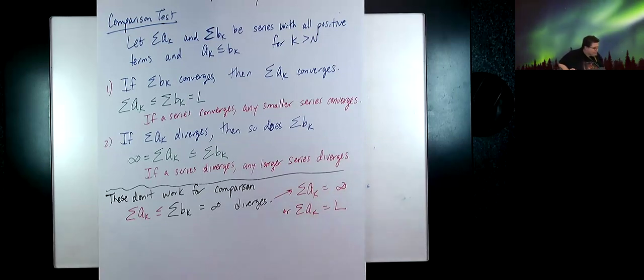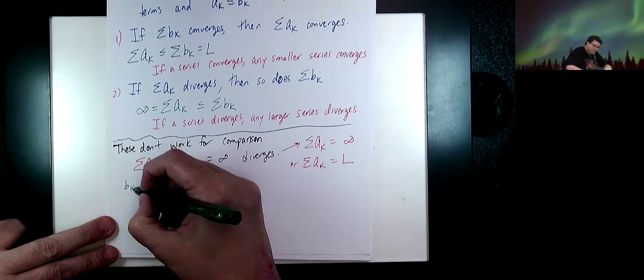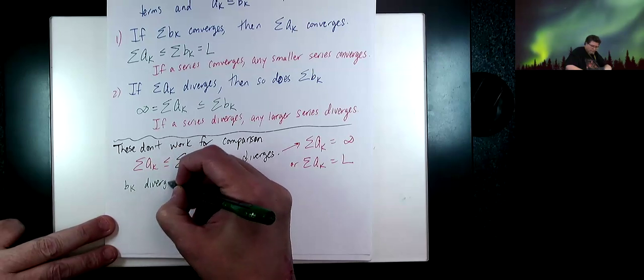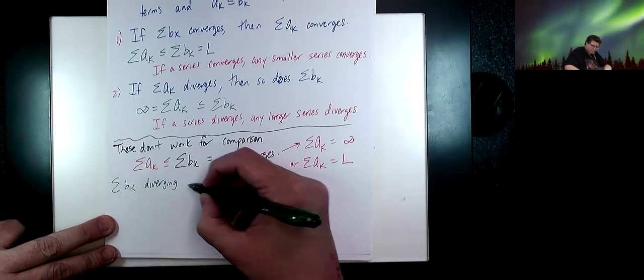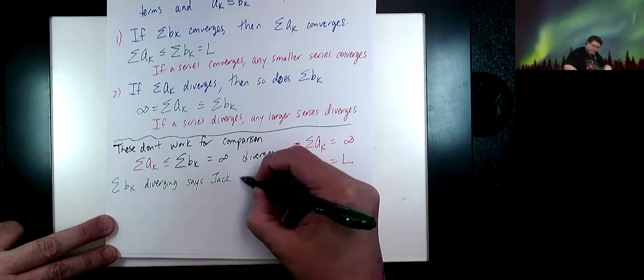It could converge, and that limit would be less than infinity also. So b sub k diverging doesn't tell you anything about a sub k. It says nothing about a sub k.